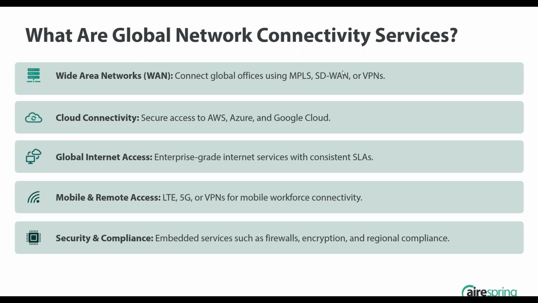And they each need connectivity that has speed and is reliable and is secure. So let's start with the backbone. So wide area networks, or a WAN. This includes the older school technology like MPLS, but even newer technologies like SD-WAN and SASE and mesh VPN networks.